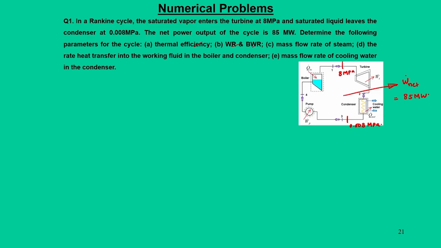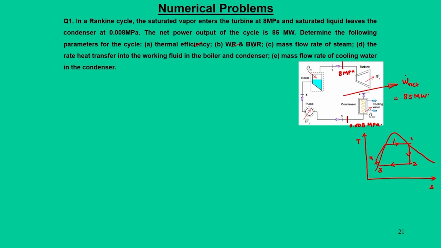To know the exact state, the ideal choice is to draw the TS diagram first, and in this TS diagram we are going to locate all these points. Process 1 to 2 is the turbine, 2 to 3 is the condenser, 3 to 4 is the pump and 4 to 1 is the boiler.